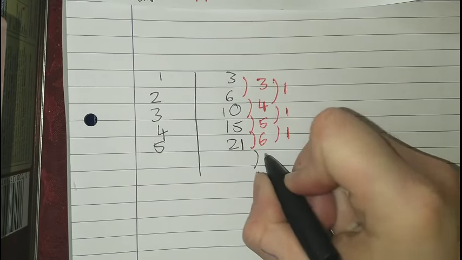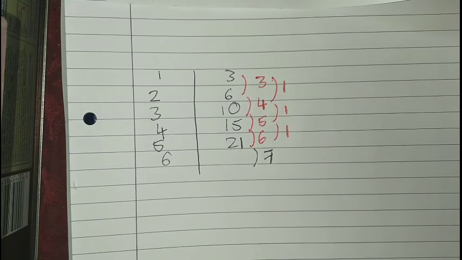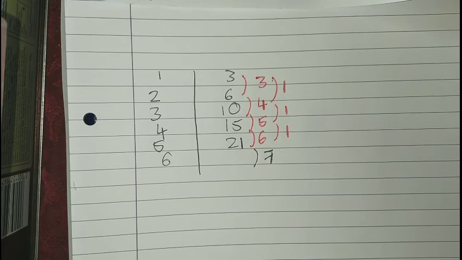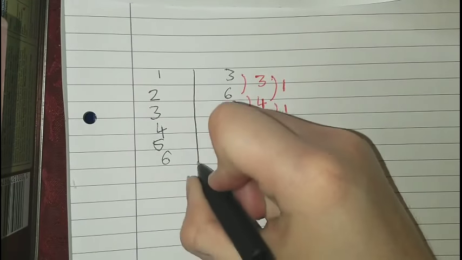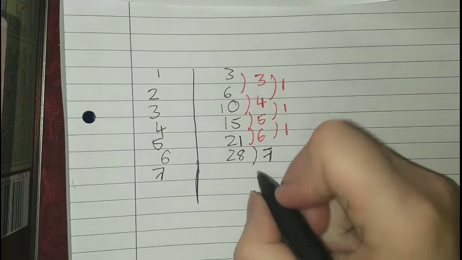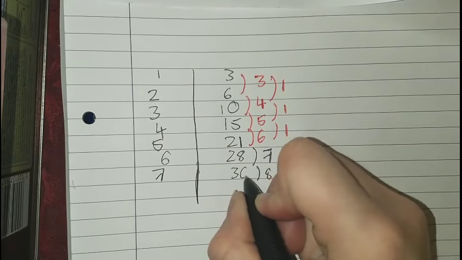So to get to number 6, we're going to have to add on 7, so that gives us 28. To get to number 7, we're going to add on 8 to 28, so that's going to give us 36.